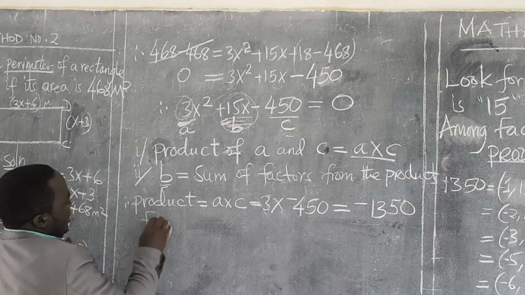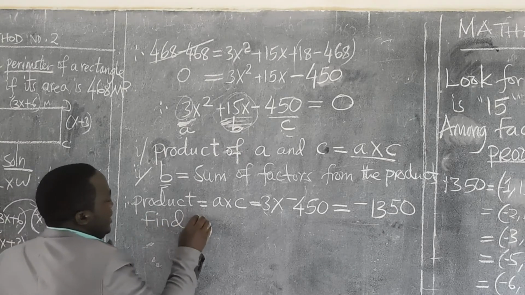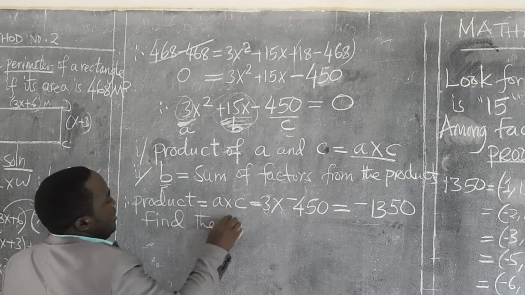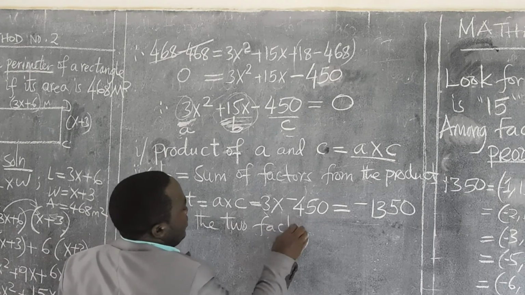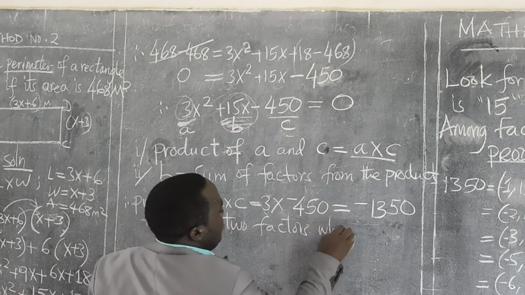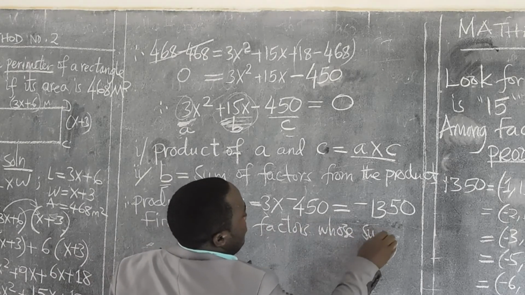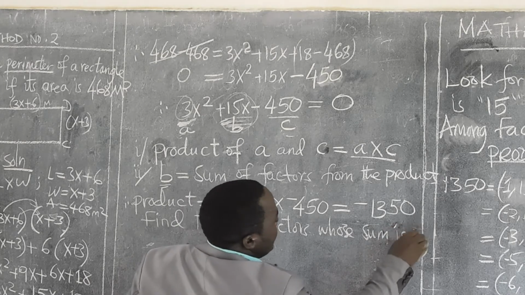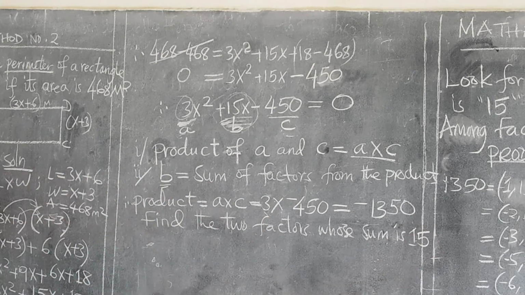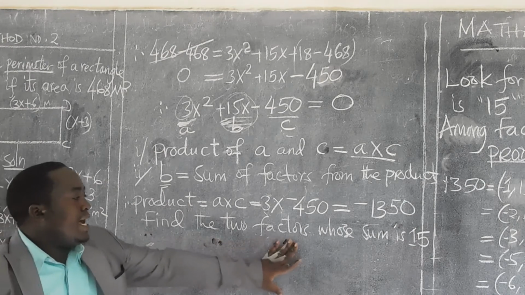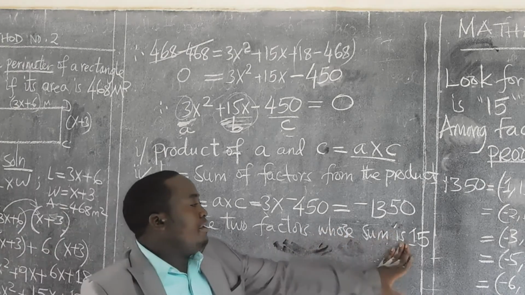So let us find two factors whose sum is 15.